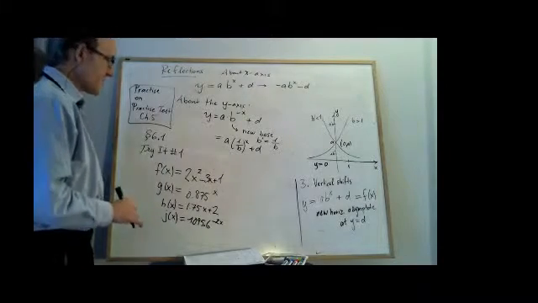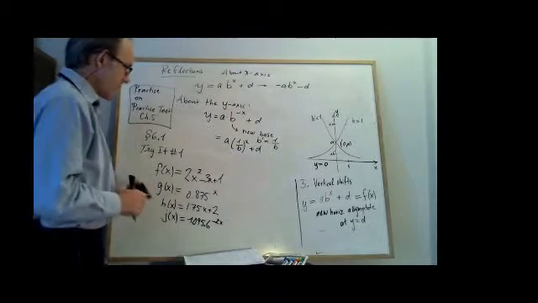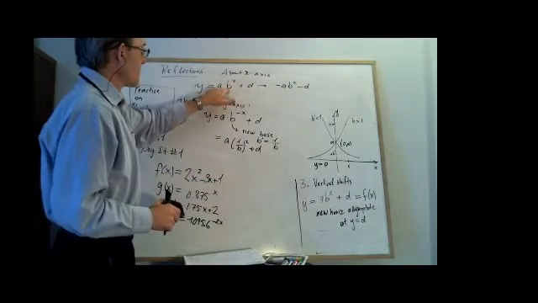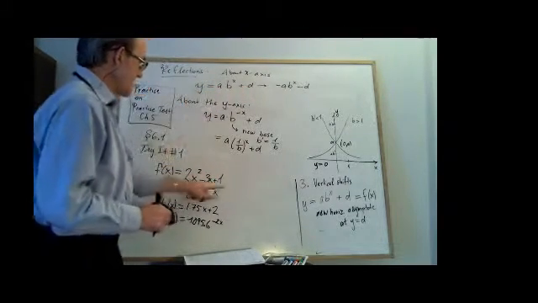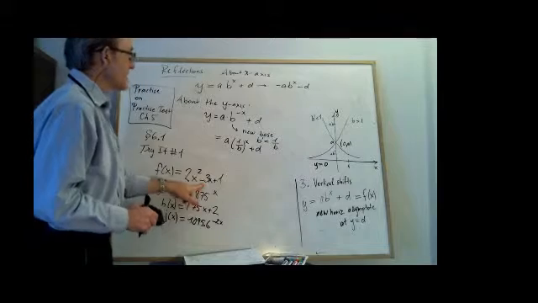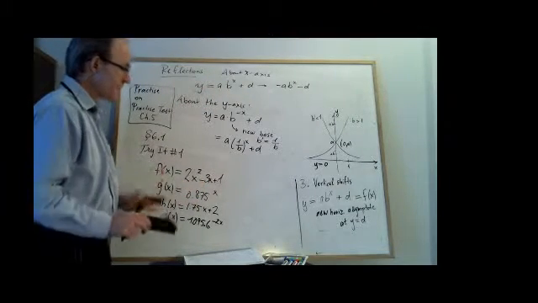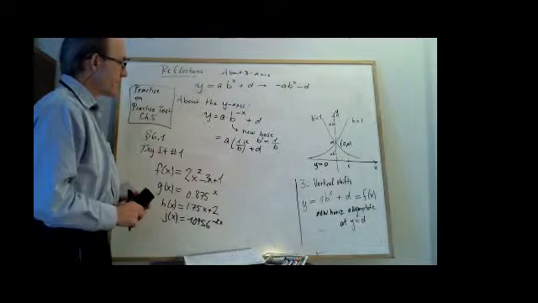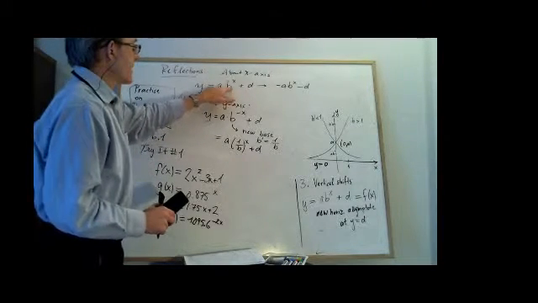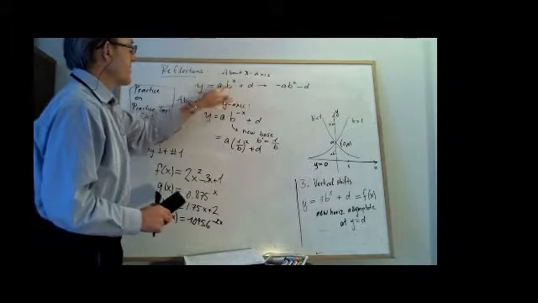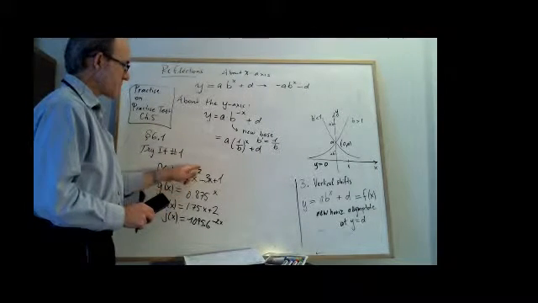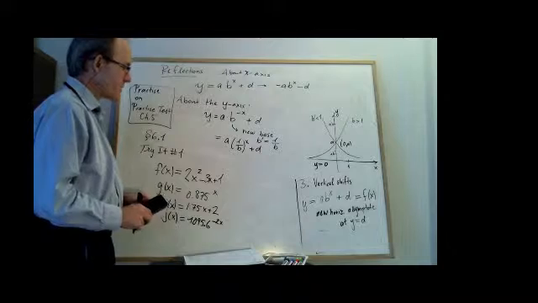Okay, the answer is no. You cannot find a base b, an a, and a d such that a polynomial will equal the exponential function. You never can. The reason is that for very large x, exponential behavior will always be much greater than the highest power behavior of a polynomial.